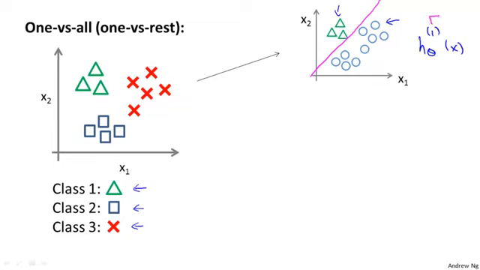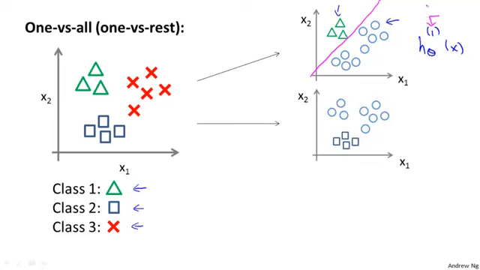This superscript 1 here stands for class 1, so we're doing this for the triangles of the first class. Next, we do the same thing for class 2. We're going to take the squares and assign the squares as the positive class and assign everything else, the triangles and the crosses, as the negative class. And then we fit a second logistic regression classifier. We'll call this h of x superscript 2, where the superscript 2 denotes that we're now treating the square class as the positive class, and maybe we get the classifier like that.